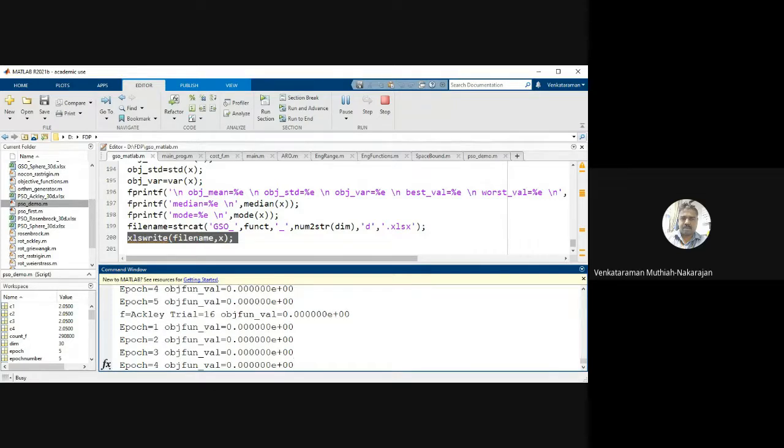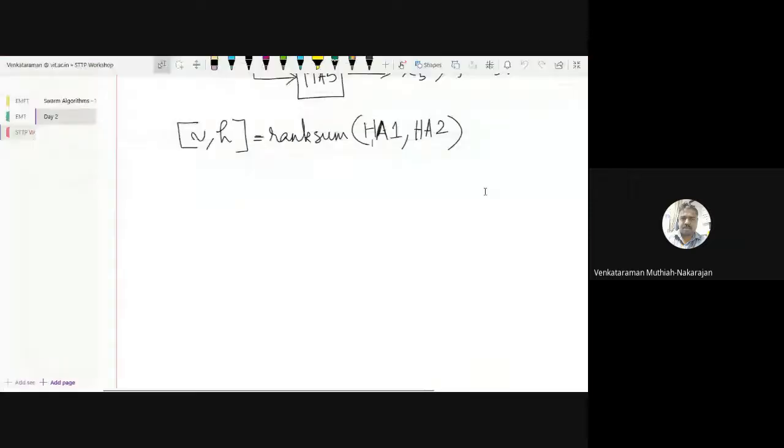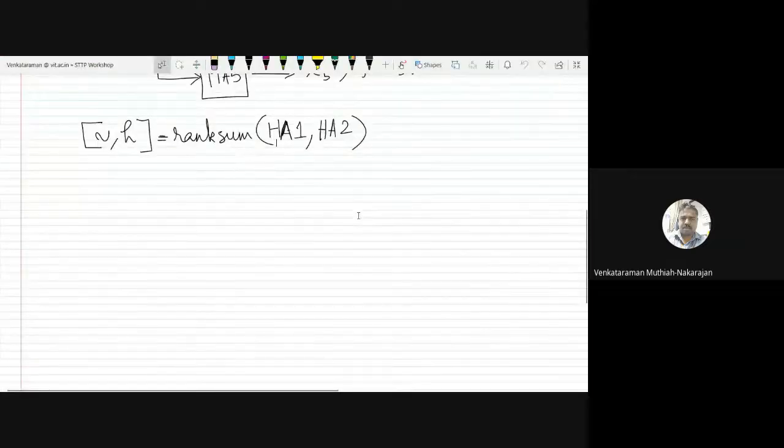In the meantime, we will see what rank sum does. Rank sum is a MATLAB command that compares two different outputs of two algorithms.